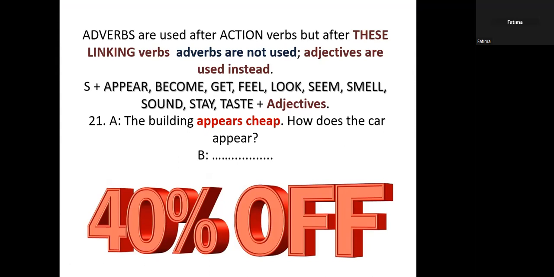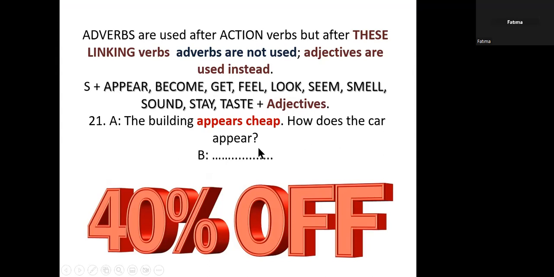The building seems cheap. How many of them can we put here? Yes, the building looks cheap, seems cheap, smells, no, not smells, and appears cheap. We can use all of them.